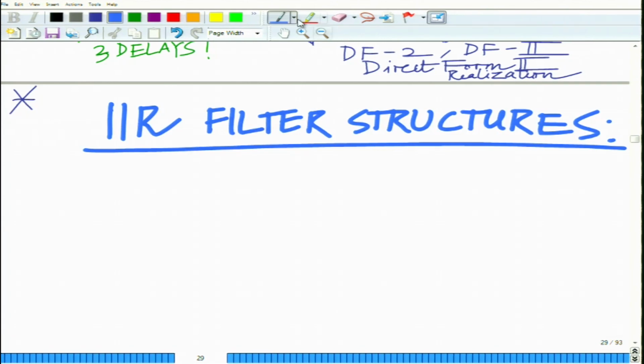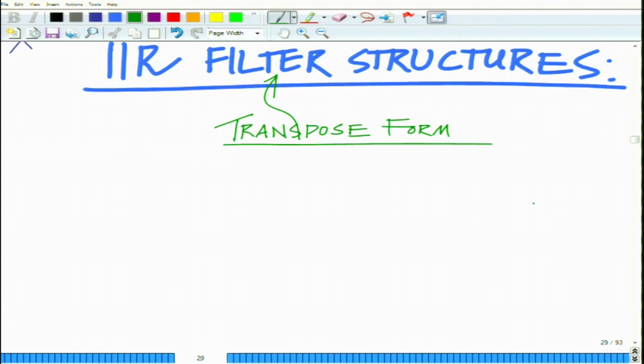As part of that we are looking at the transpose structure, or let us call this the transpose form. And the transpose form can be described as follows.